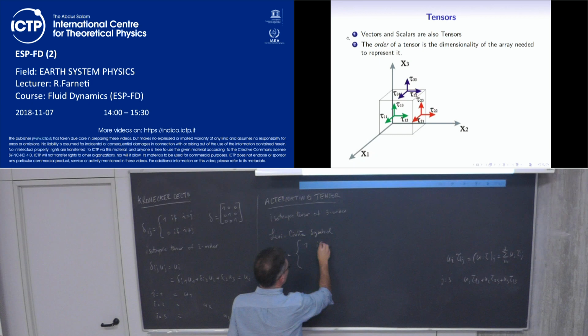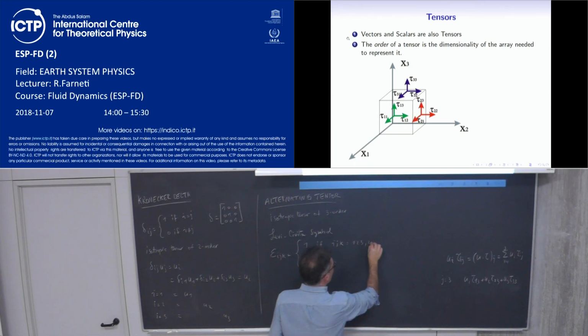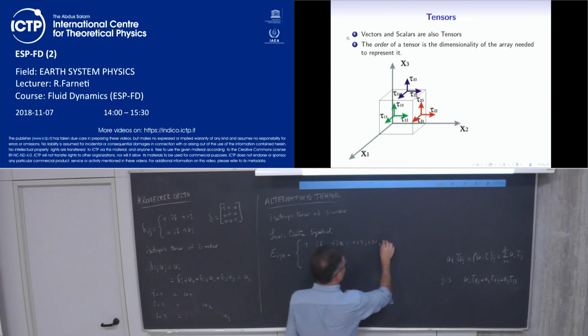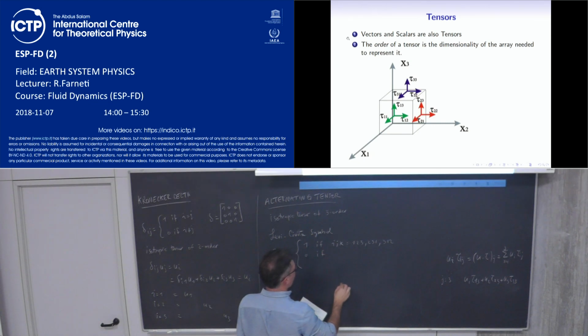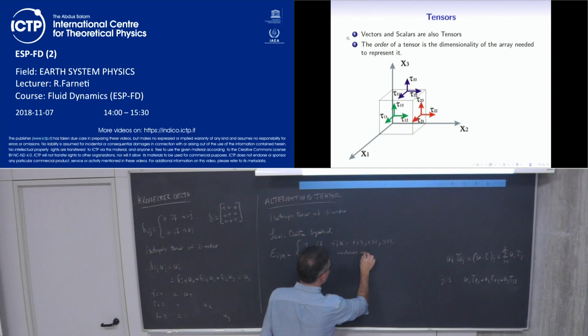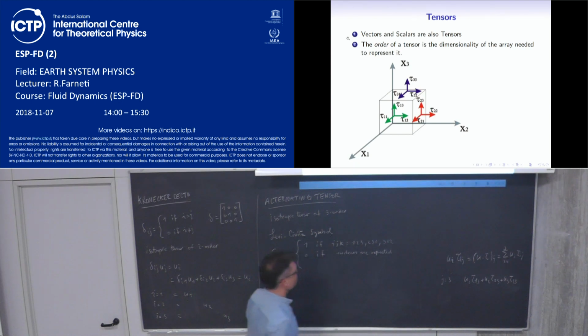Which is equal to 1 if i, j, and k are cyclic, meaning 1, 2, 3, or 2, 3, 1, or 3, 1, 2. Equal to 0 if any index is repeated, 1, 1, 2, for example.